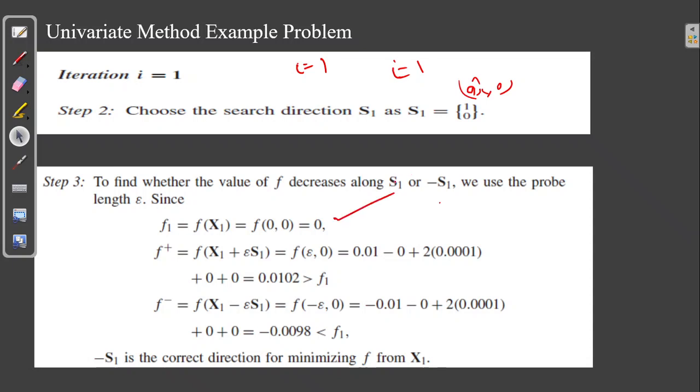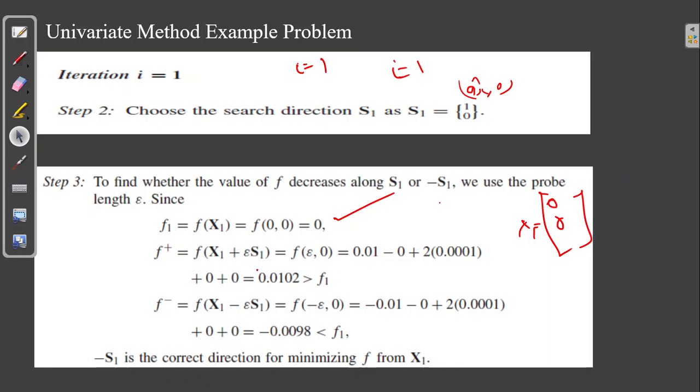And f plus is f of x1 plus epsilon s1. Epsilon is 0.01, and x1 is the initial point (0, 0). So f of x1 plus epsilon s1 means f of (epsilon, 0), that is (0.01, 0). Here x1 is actually a vector, a null vector (0, 0).